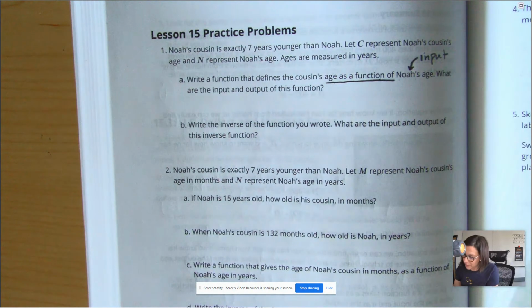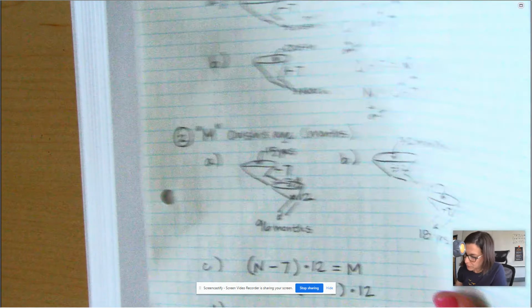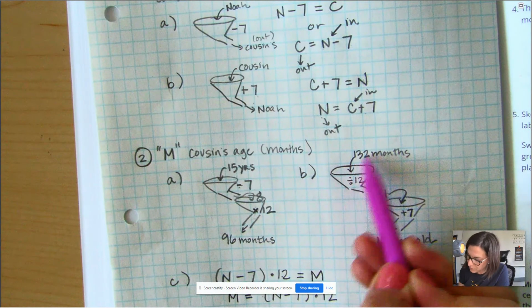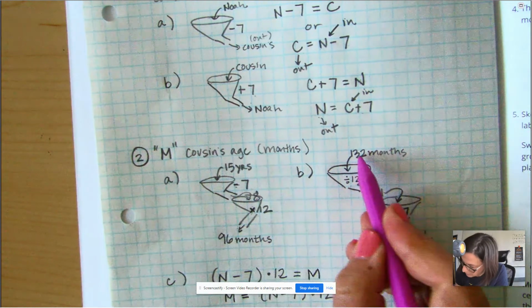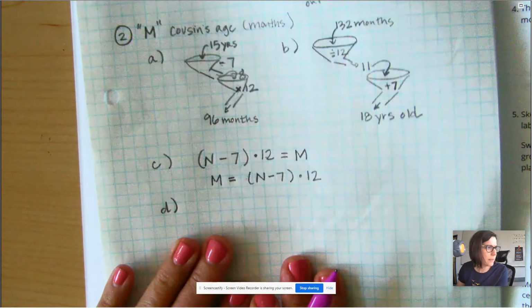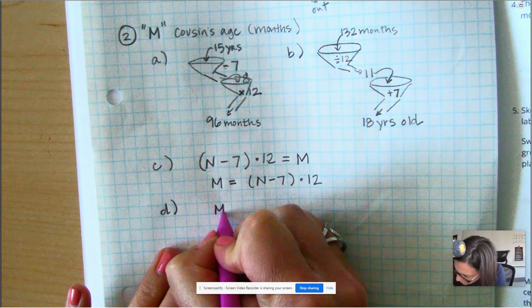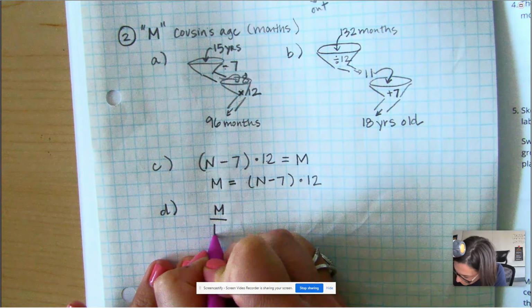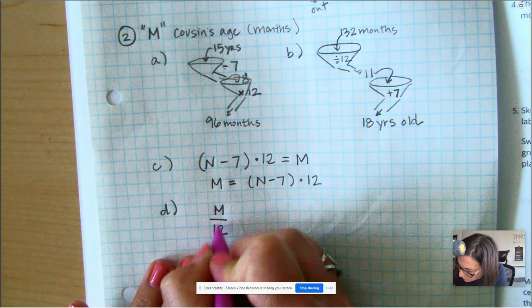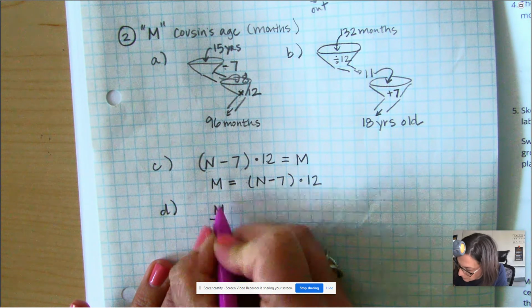D. It's a fun one, you guys. What about the inverse of this function? Okay. So the inverse is this guy. So if we start with months, how many months old the cousin is, what did we do? We started with months, and we're then going to divide by 12, and that will give us how many years old the cousin is.